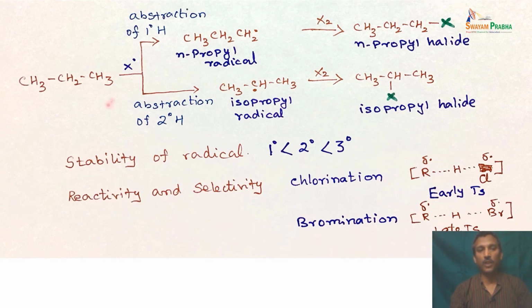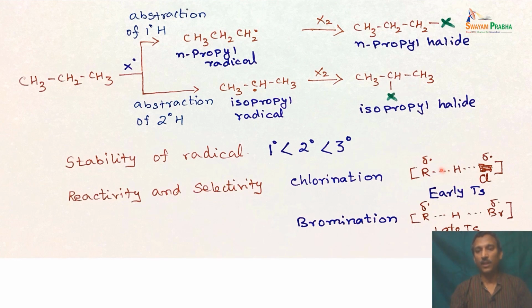So between the starting material and the radical, which one reacts very quickly is the one which decides the product distribution. We already know the isopropyl radical is more stable compared to the n-propyl radical. So that is the reason in the bromination reaction, this more stable radical gives the isopropyl product, the observed product.